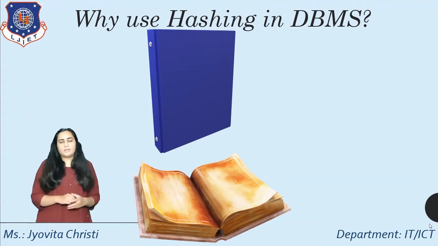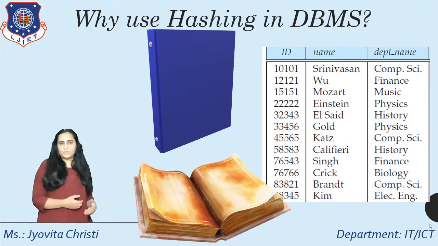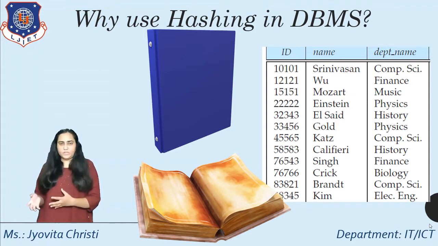But once again, you need to know what you're looking for. Just like when I want to search for SQL joins in a textbook, I need to know that I'm looking for SQL joins, and only then I can go and search for it. Same way, you need to know what you're looking for within the database.